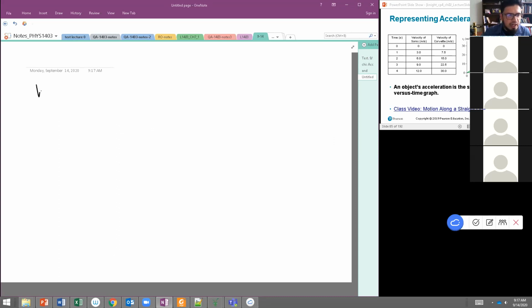What we're going to look at now is the velocity versus time graph for the two motions. So this is a Corvette versus Sonic. We'll call this our velocity in the x, in units of meters per second, over the time.